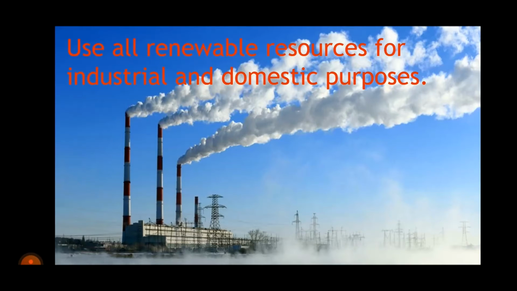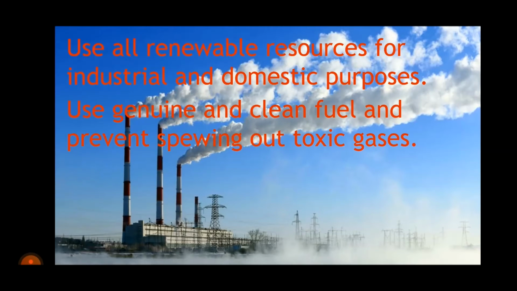Here I have given some clue points to avoid air pollution or to take part in protecting the environment, and to be a good citizen of India, you have to keep the environment clean and neat. For that, I'm going to give you some clue points. Use all renewable resources for industrial and domestic purposes. Use genuine and clean fuel and prevent spewing out toxic gases.